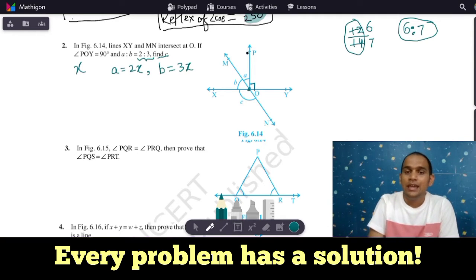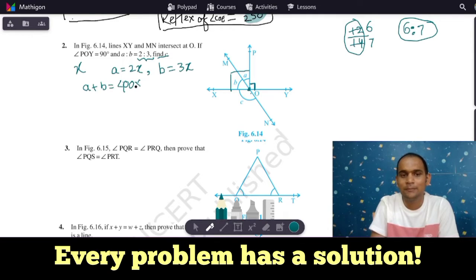Now, since POY is 90 degrees, according to linear pair, angle POX will also be 90 degrees, and A plus B is nothing but angle POX, which is 90 degrees. So we substitute: 2x plus 3x equals 90 degrees.